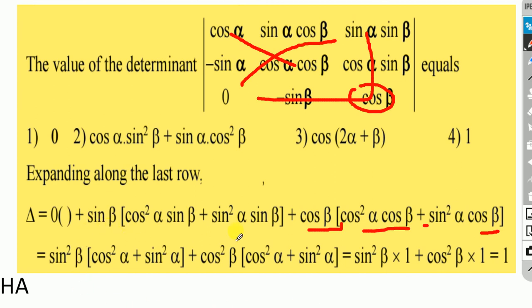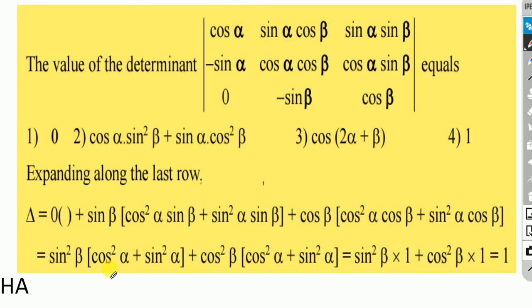So here let us see what is the common term, and we will take the common term outside.